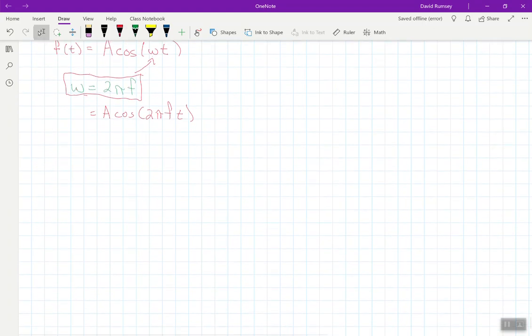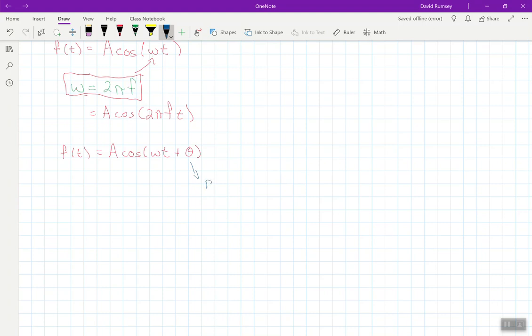Okay, now the most generic way we can write a sinusoid would be some amplitude A cosine omega t plus theta. And here we've added one additional term here.